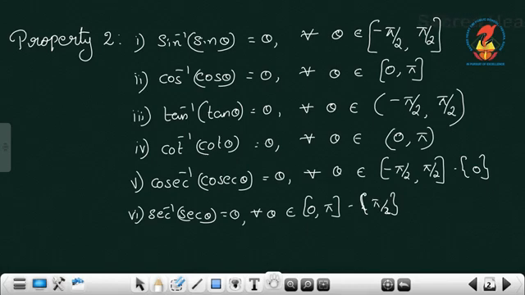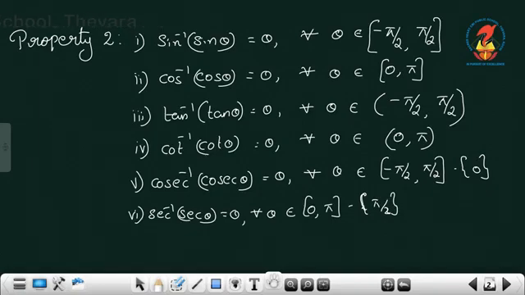Then cos inverse of cos theta is equal to theta for all theta belongs to its range, that is the closed interval 0 to pi. Tan inverse of tan theta is equal to theta for all theta belongs to the open interval (-pi by 2, pi by 2). Cot inverse of cot theta is theta for all theta belongs to the open interval (0, pi).